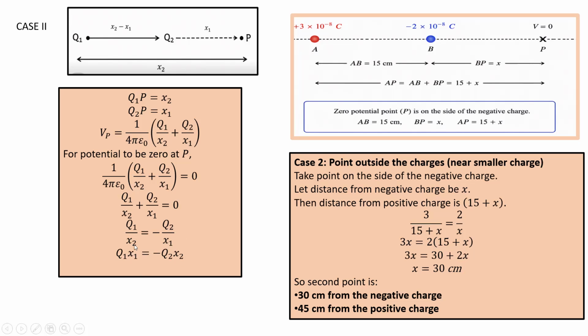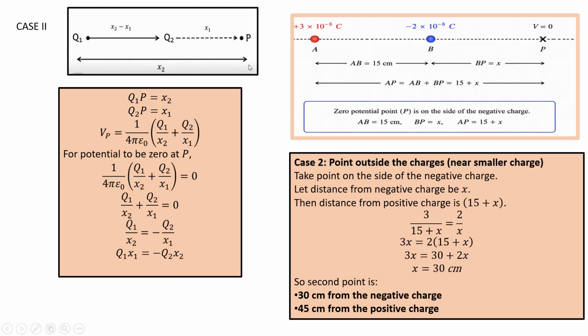This implies Q1 is more. Yes, because Q1 is 3 and Q2 is -2. If Q1 is more, the X1 value should be less. X1, what is our assumption? This one, this is our X1. And minus Q2 is less. Therefore, X2 should be more.